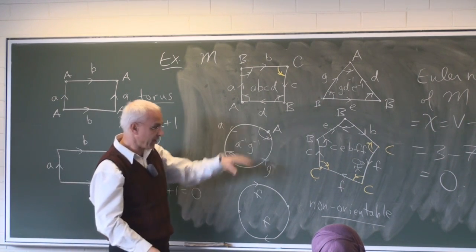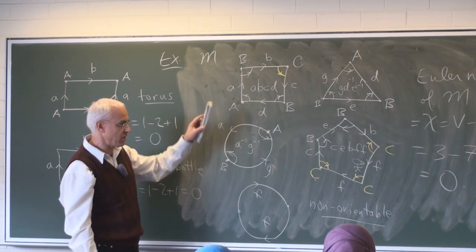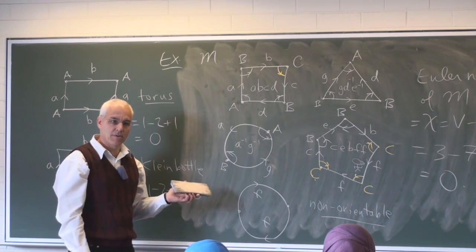And so the whole polygonal combinatorial surface could be represented by essentially just combining these words.